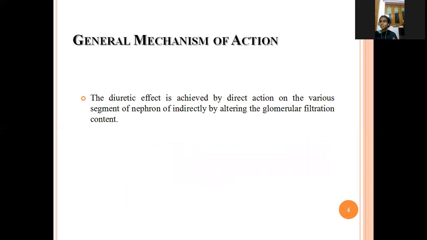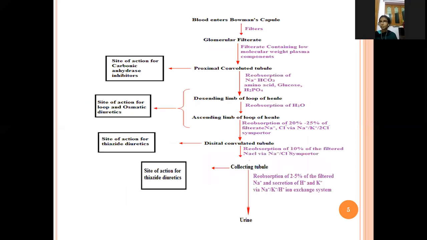Next, the general mechanism of action. The blood enters into the Bowman's capsule, where it gets filtered and enters the glomerular filtrate.